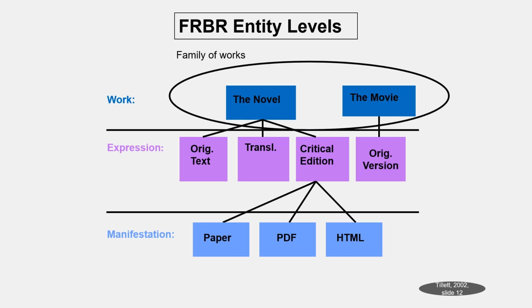So if you look at the diagram, the work is referring to the novel or the movie or the DVD or the CD, and then the expression for the novel, you have your original text, you could have a translation, and you could also have a critical edition. For the movie, you're just going to have your original version. And then the manifestation of the critical edition could be published as a paper or a PDF or HTML file.